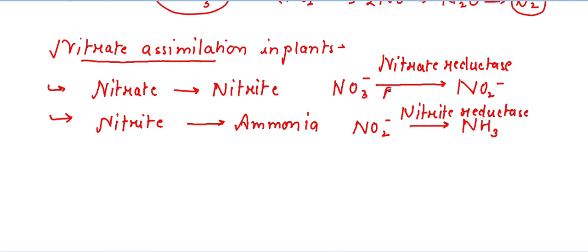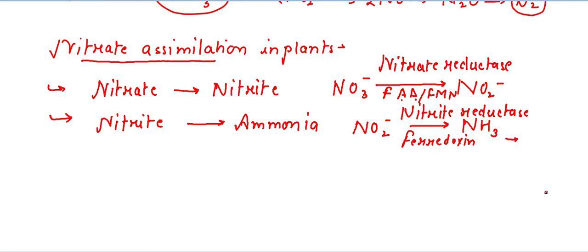Here you can write FAD, FMN, flavin adenine dinucleotide, flavin mononucleotide. These are the coenzymes here. And here you can write ferredoxin. This is an iron sulfur containing protein, and it is an electron carrier actually. So again you have seen in the nitrate assimilation, the ammonia formation takes place.